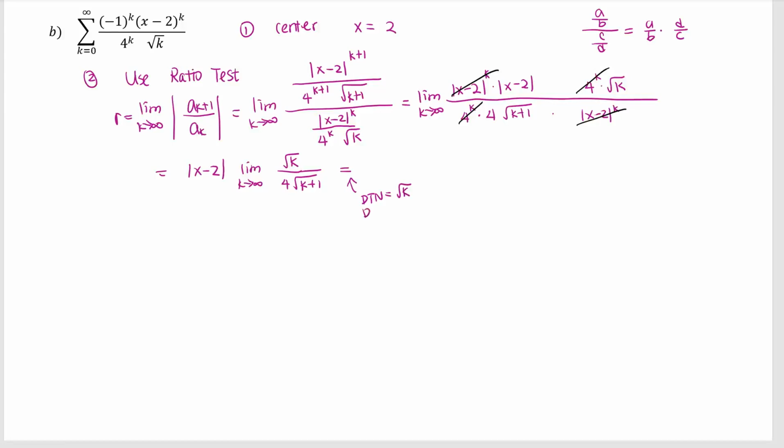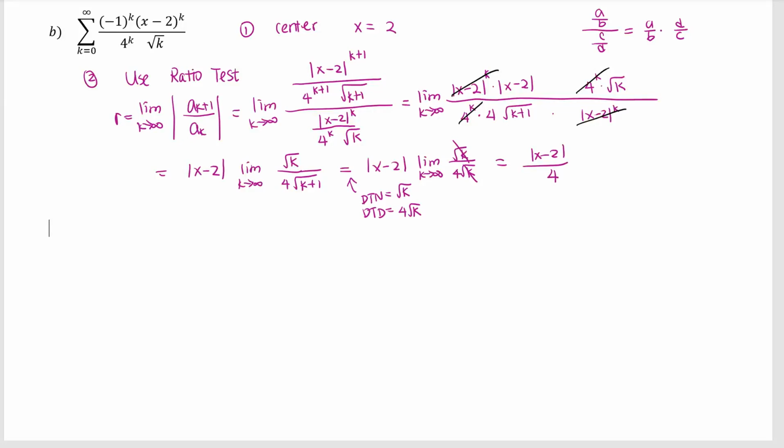Square root of k. What's the dominant term of the denominator? 4 times square root of k. Remember, I allow you to do this shortcut, but you have to promise that you will write the dominant term of the numerator and the dominant term of the denominator. Then they cancel, so the answer is x minus 2 over 4.